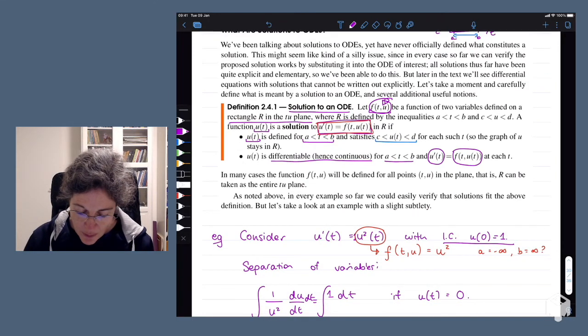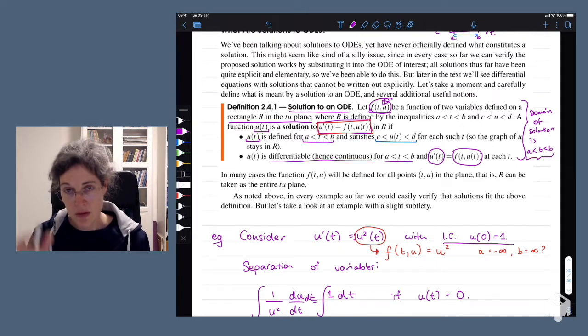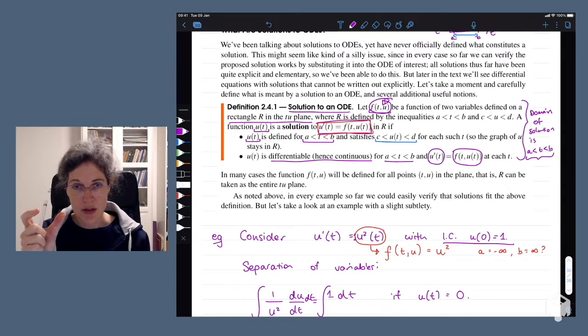So part of what this is saying here is that the domain of the solution is a continuous chunk of the independent variable, in this case t's domain.